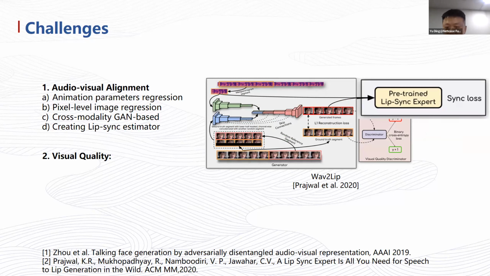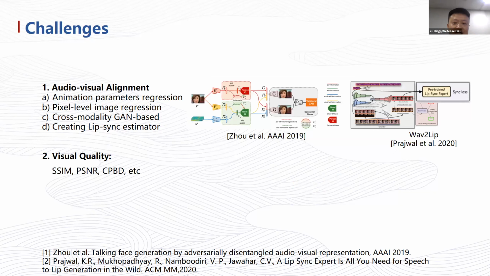Then this estimator is used to supervise the generator to make audio-visual alignment. As for the visual quality, researchers have used several image quality metrics, which are similar to the general image quality estimators, including SSIM, PSNR, CPBD.